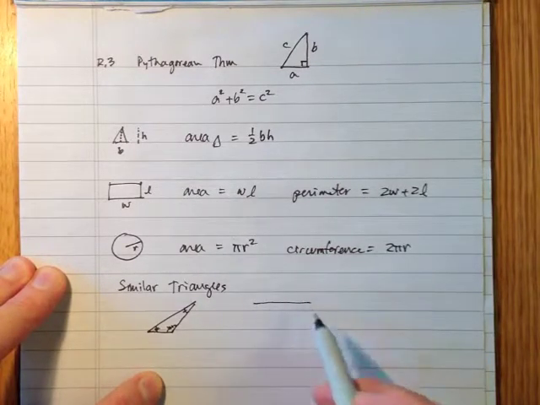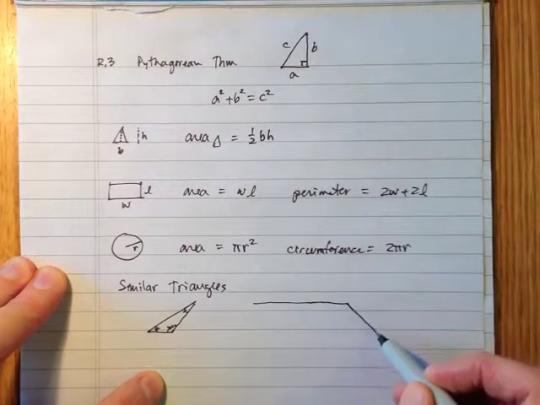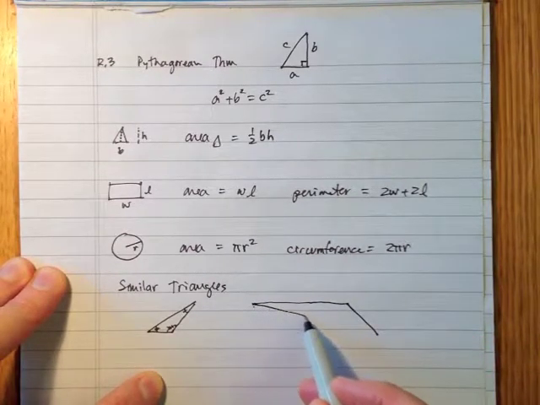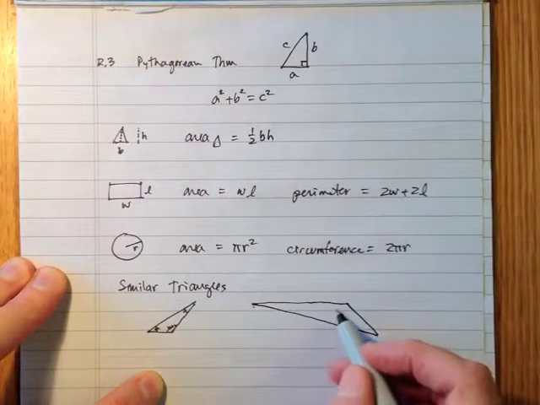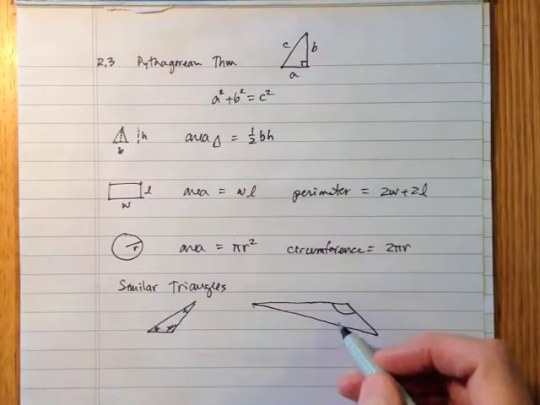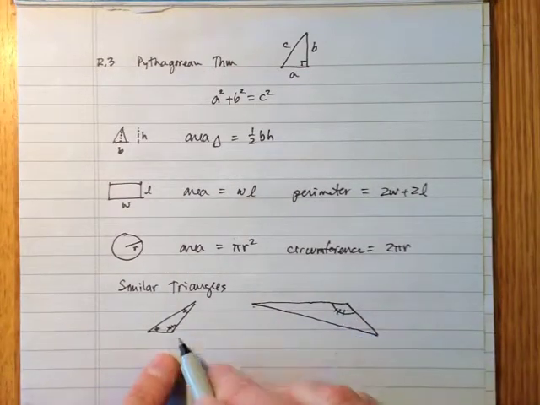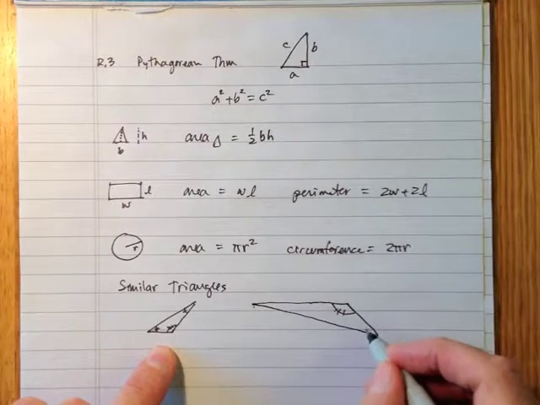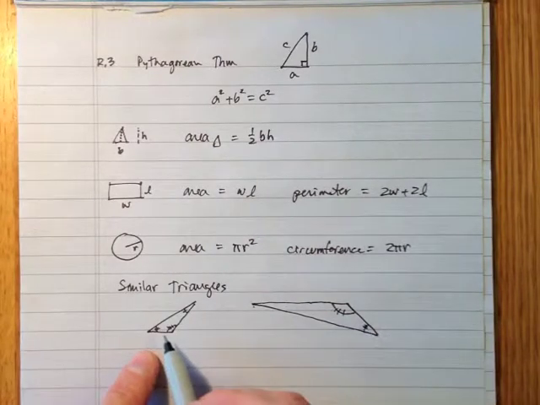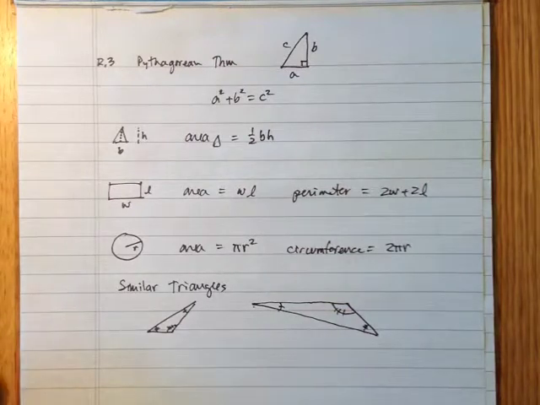If I have some other triangle over here, try to make it bigger, with the same three angles, not necessarily oriented the same way, it may be rotated or flipped around, but if that angle is equal to this one, and if this angle, I'll label double slash, is equal to that one, and if this one is equal to that one, then these triangles are called similar.